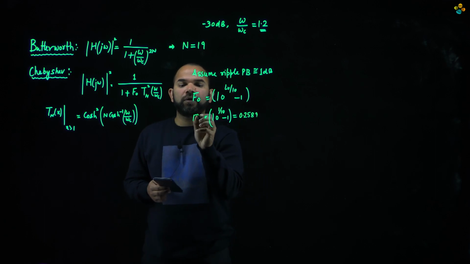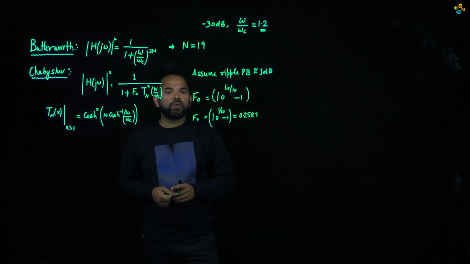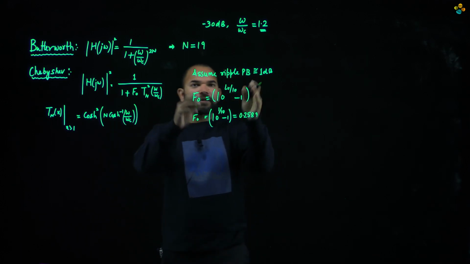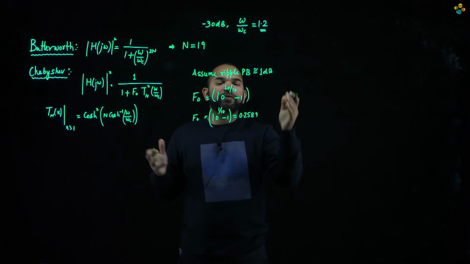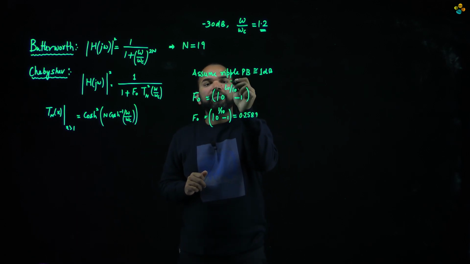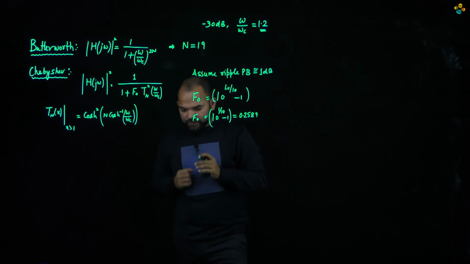So this f naught we have as this value. Okay. Similarly, if we want a different ripple passband response, say 0.05 dB, you need to put that value here and you will have a new f naught. Okay, so this is the first step.